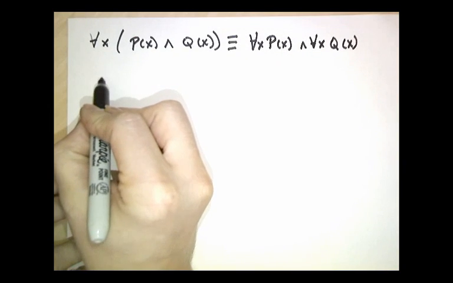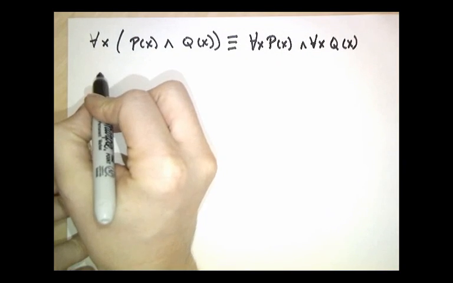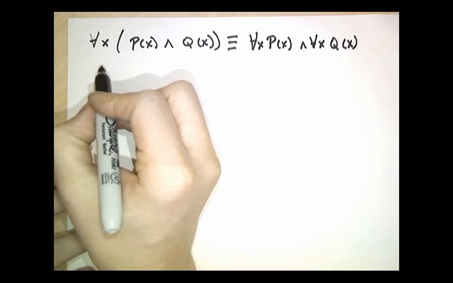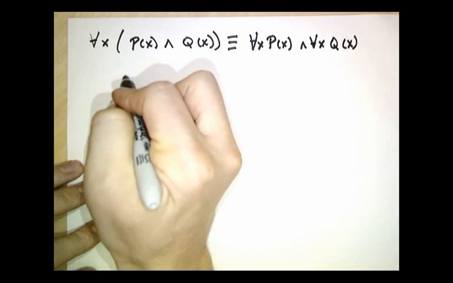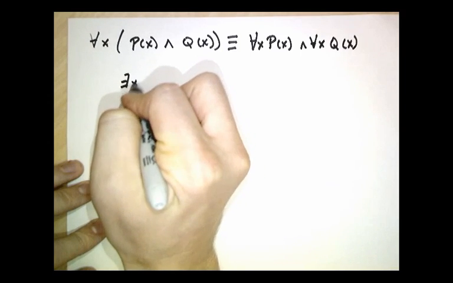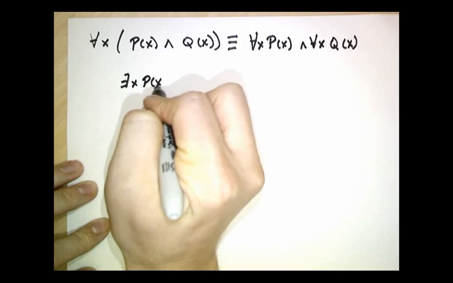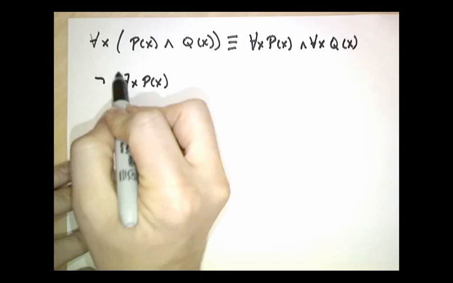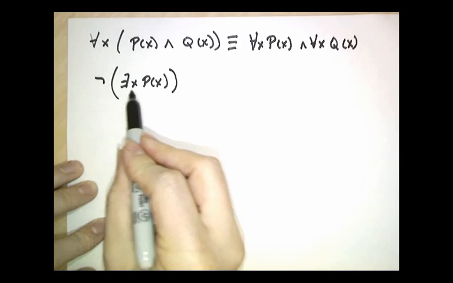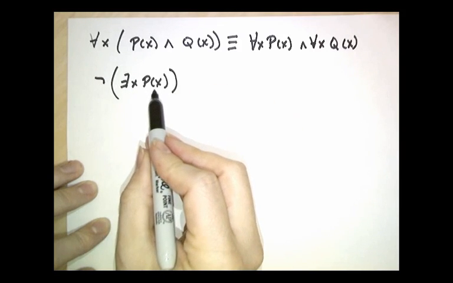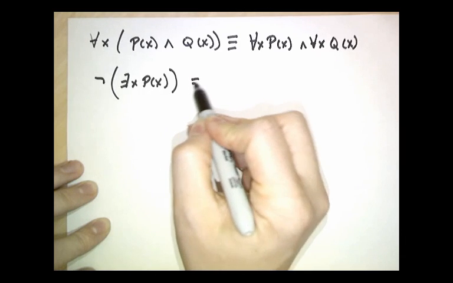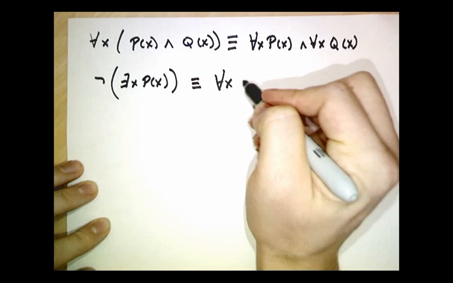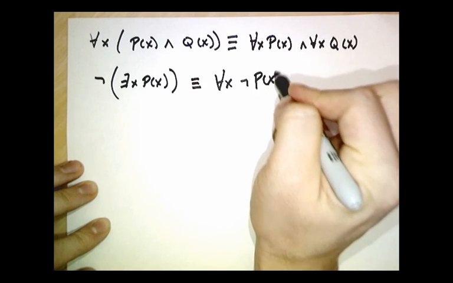There's some other interesting expressions that we might want to look at, mainly involving the negation symbol. And these are called De Morgan's laws for quantifiers. So, we were looking at there exists x, p of x. What happens if we want to negate this statement? We want to say it is not the case that there exists x, p of x. Well, this is logically equivalent to for every x, p of x is false, right?